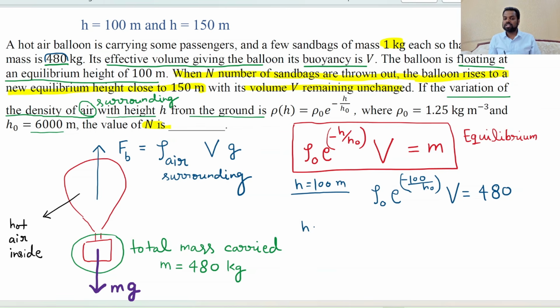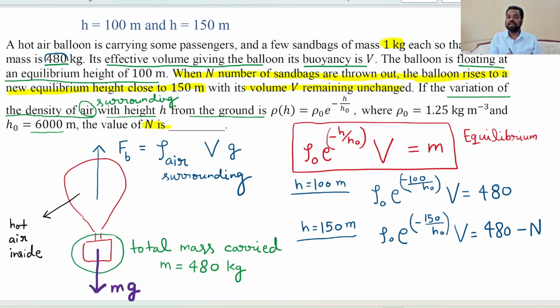Now h equal to 150 meter, that is the new equilibrium height. It will be rho naught e to power minus 150 divided by h naught, times V, equal to now 480 minus n.